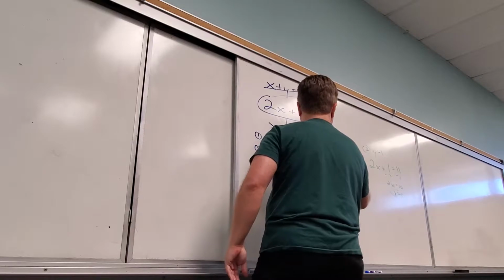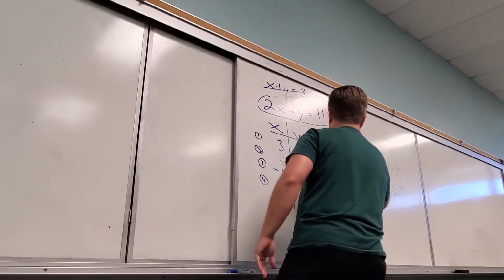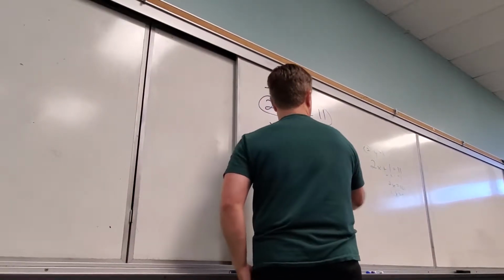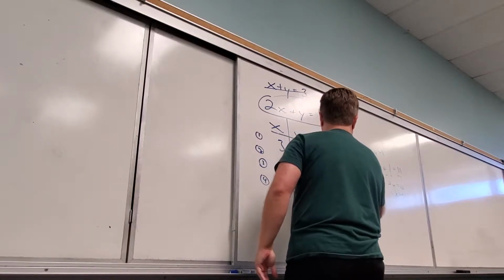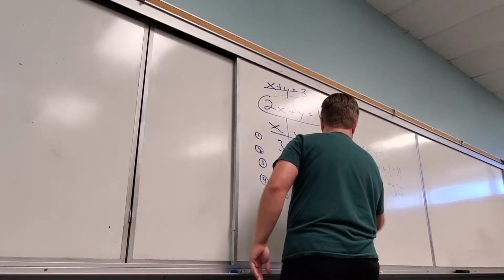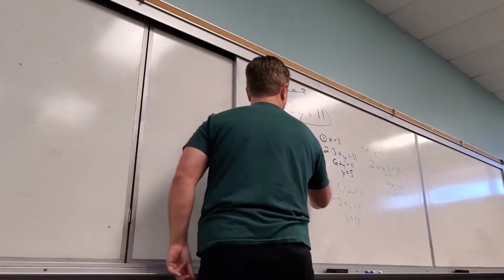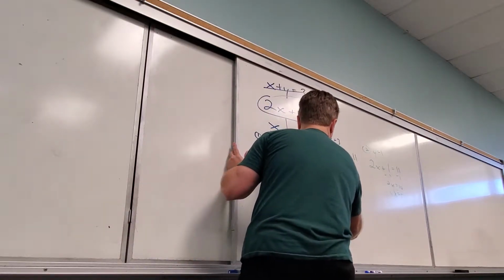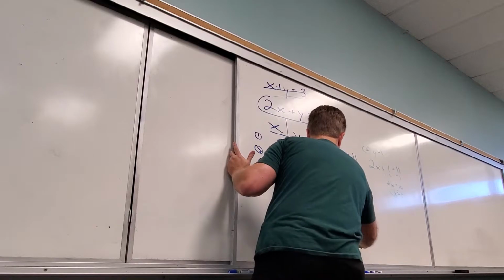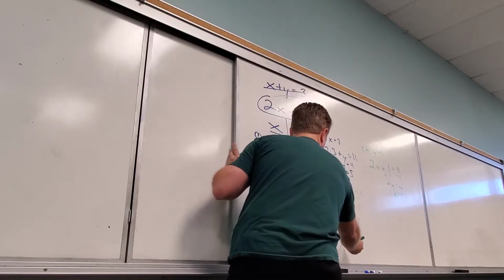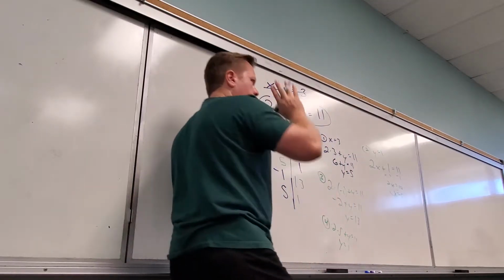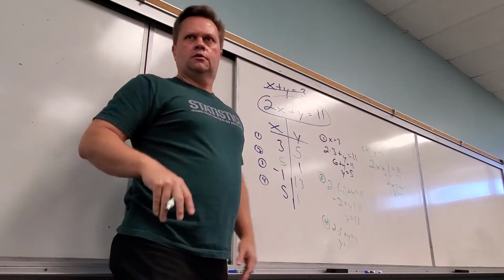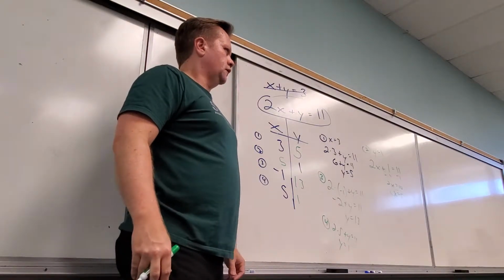So 2 times -1 plus y is 11. -2 plus y is 11. I get y is 13. And then finally, the fourth one, 2 times 5 plus y is 11. 2 times 5 is 10. Subtract 10 and get y is 1. Is everybody cool? That's not too intensive.